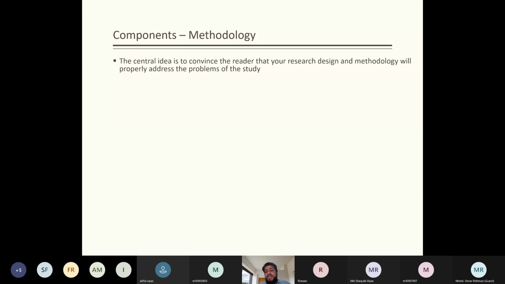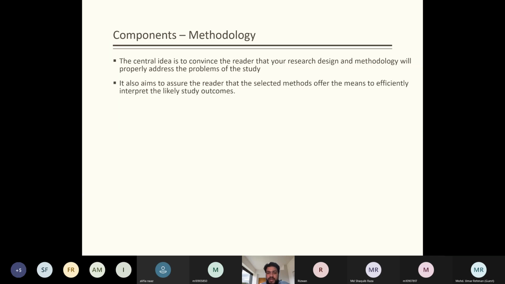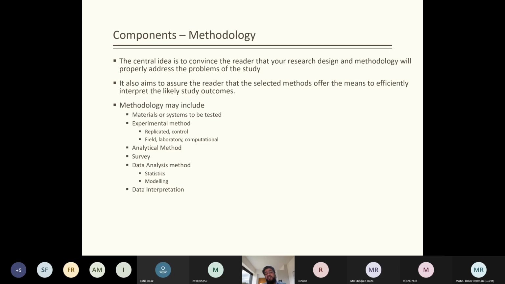But you need to show that this methodology works, that it can solve that problem or answer the question. It aims to assure the reader that the selected method offers the means to efficiently interpret the likely study outcomes. Like I said, it should reflect that it will answer the question and efficiently interpret the likely study outcomes.